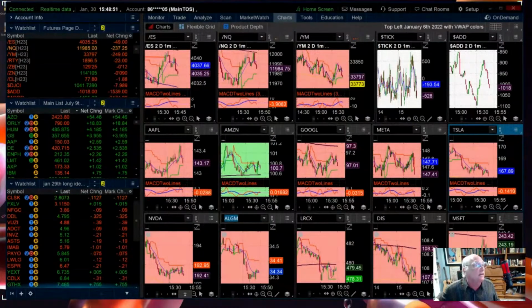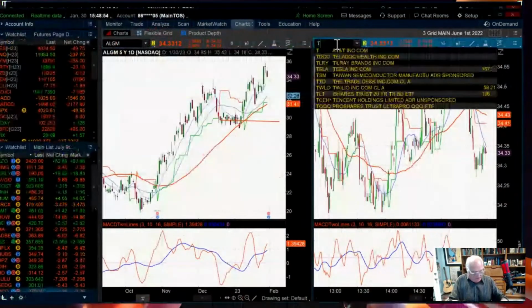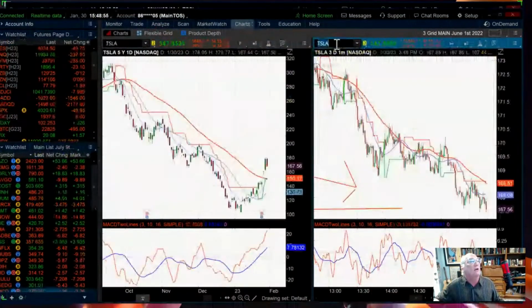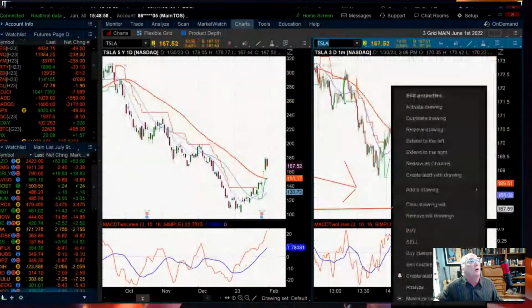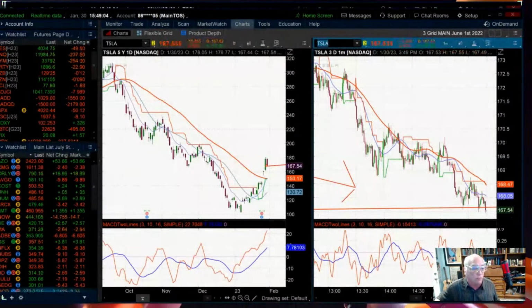There's your 167.50. If you're wondering what we're talking about, here's your Tesla, and there's my arrow. So I'm just going to buy back the rest and not be a pig.